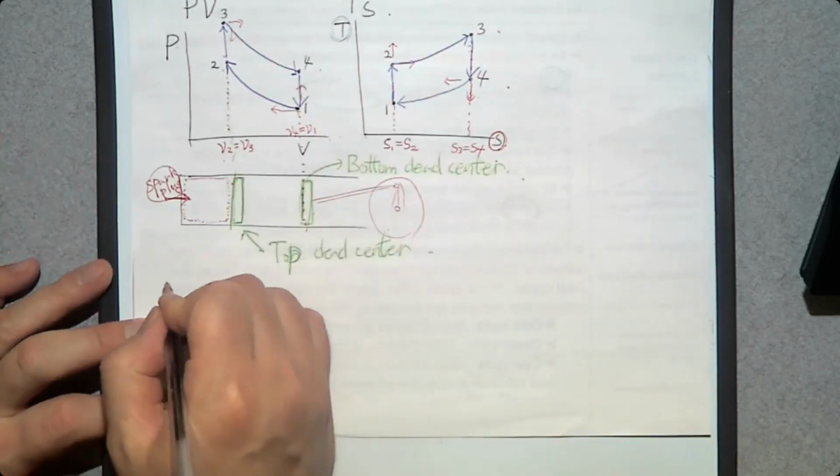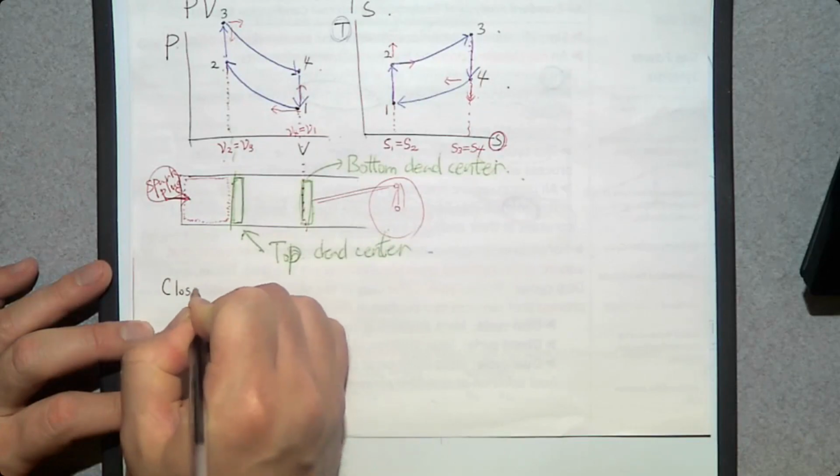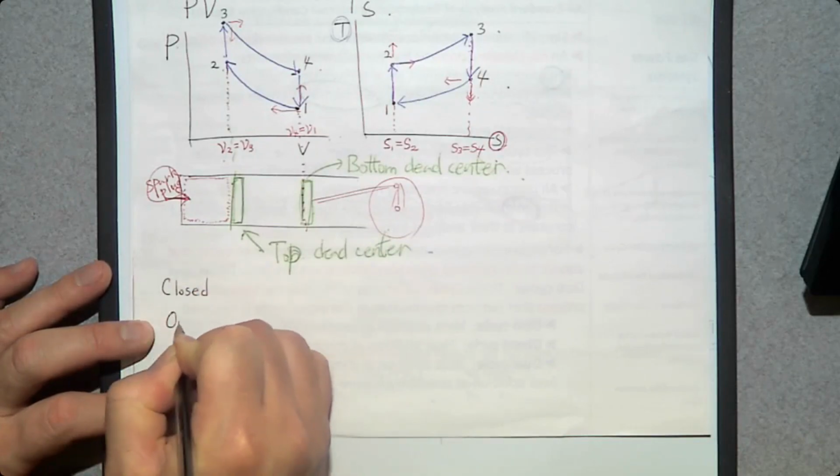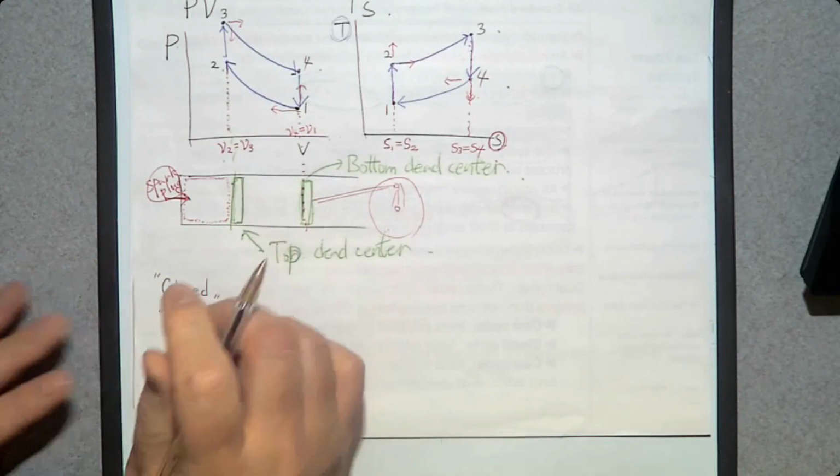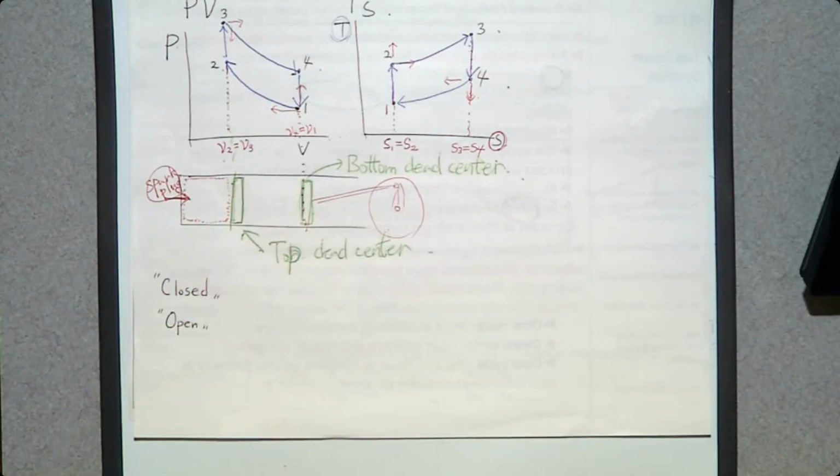How do we know whether it is closed or open? We asked this question many, many times. Closed system means mass does not change. So what happened to the mass of the air in the piston cylinder device? Is there any change when the piston is moving back and forth? No. So it's a closed system.